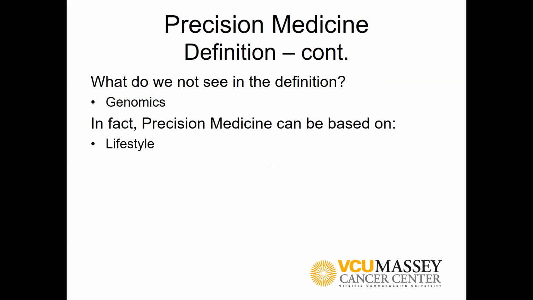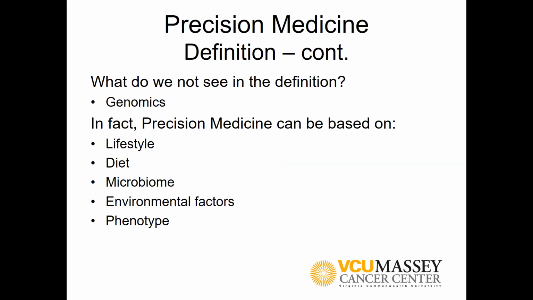It also means specifics about lifestyle, diet, or the microbiome of the patient, environmental factors, the actual phenotype of the disease, obviously genotype, and maybe even specific gene expression levels at that point in time.